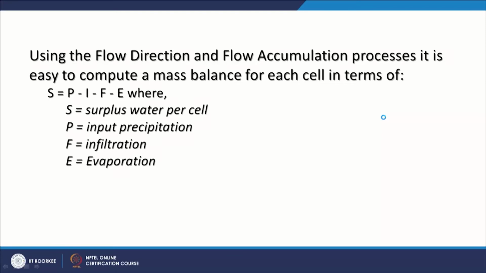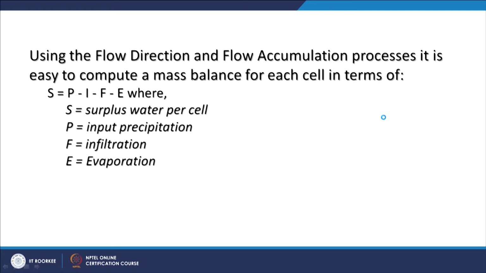each cell in terms of S equal to P minus I minus F minus E, where S is the surplus water per cell, P is the input precipitation, F is the infiltration, and E is the evaporation.